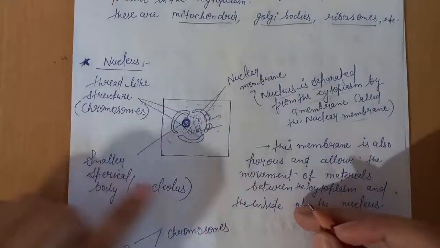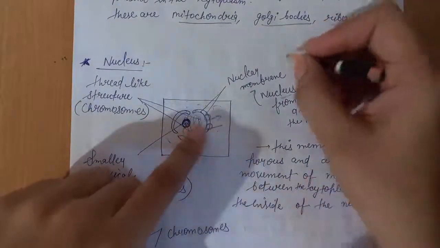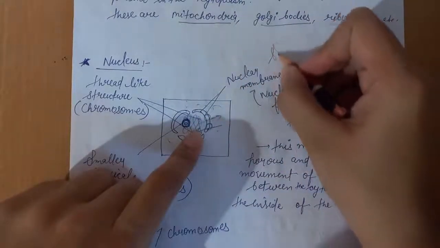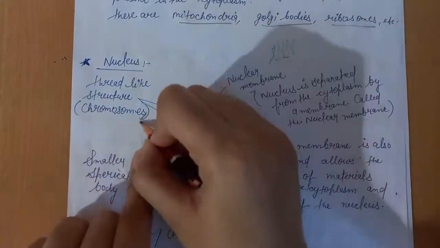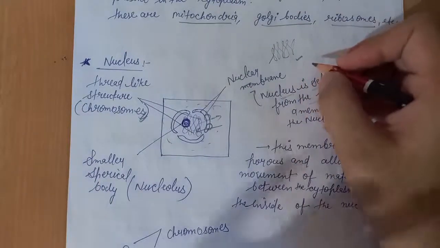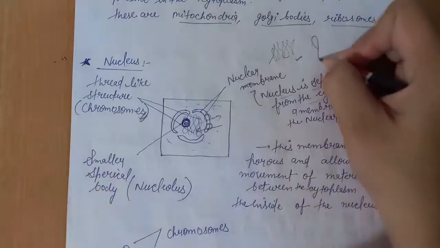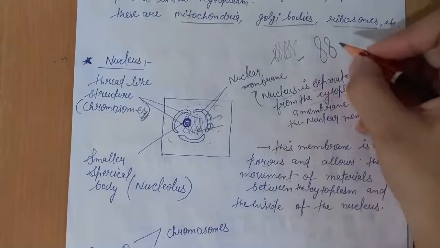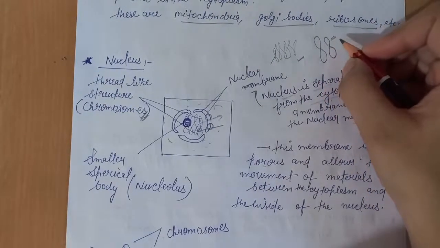And next, there are thread-like structures present in the nucleus that we call chromosomes. Chromosomes have a structure like this, and can only be seen clearly if the cell is in a condition of division.